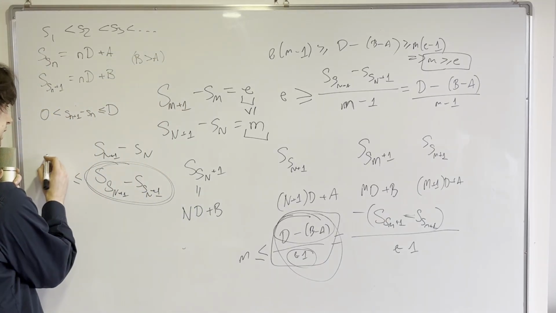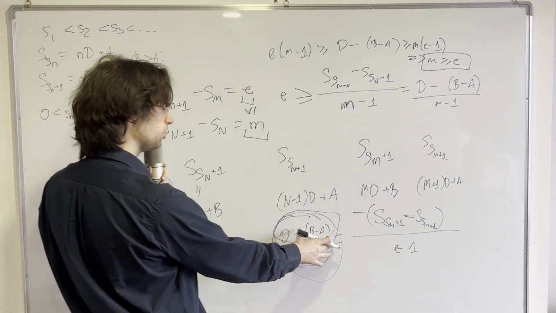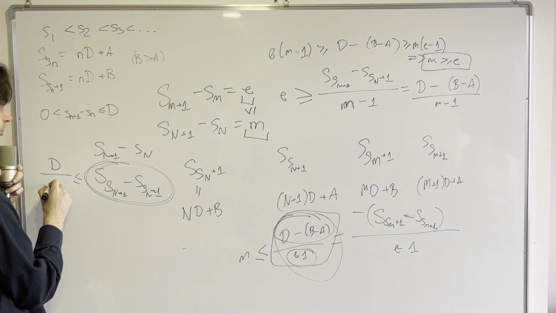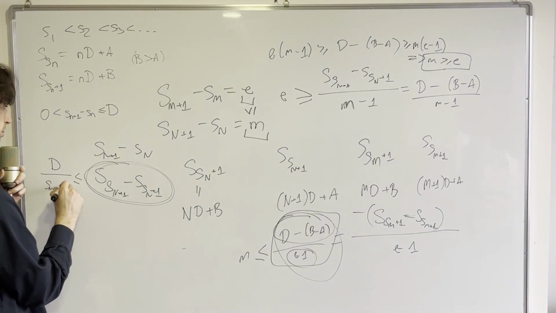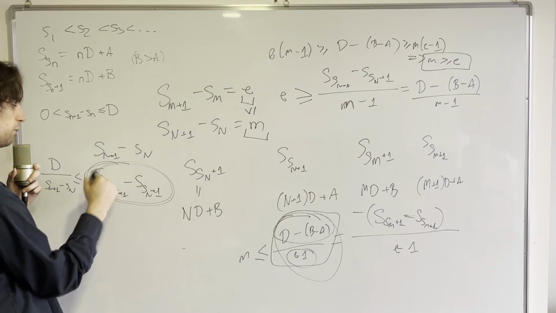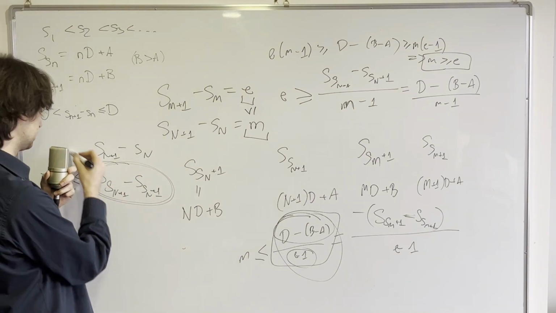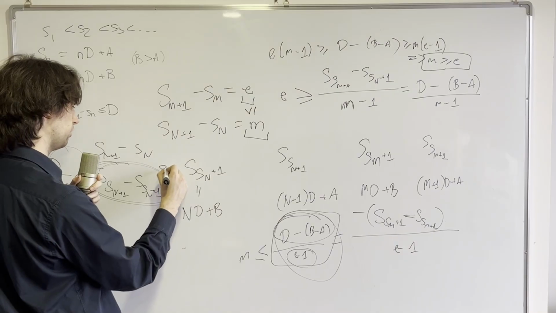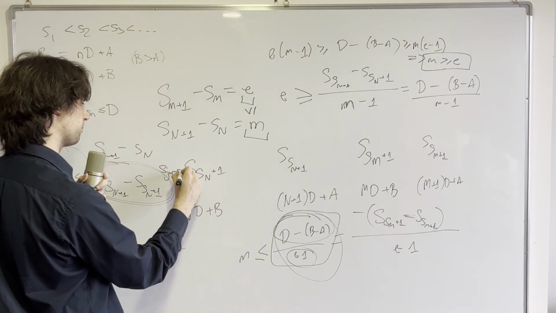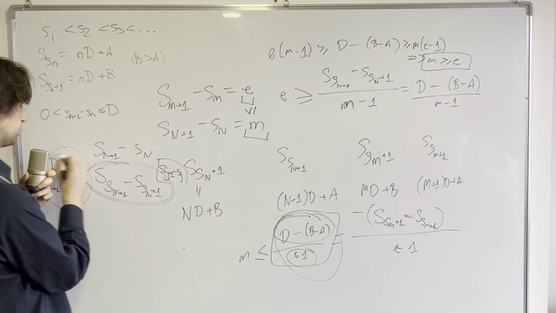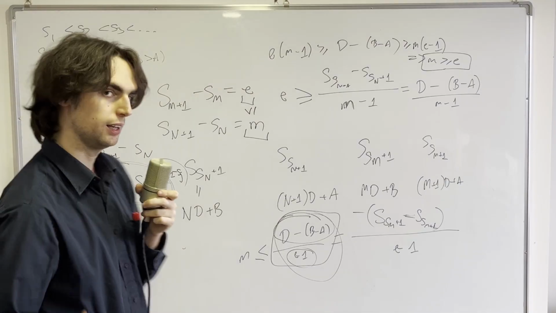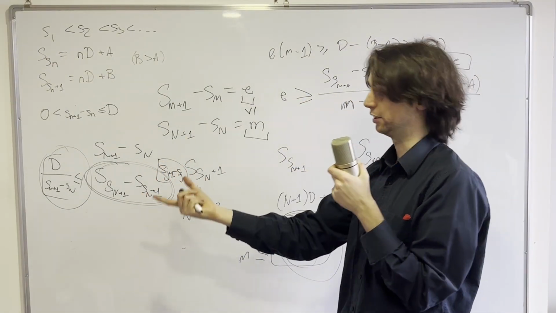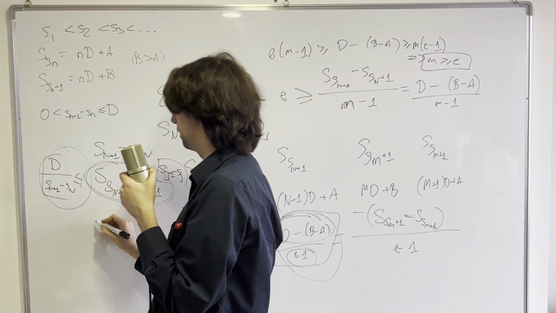Or in other words, let's even do a weaker estimate, a difference of d over Sn plus 1 minus Sn. So there's going to be a difference here that's greater than or equal to this. So we're going to have some j such that Sj plus 1 minus Sj is greater than or equal to this. And now we have this big difference, Sj plus 1 minus Sj. And from there, what can we get?